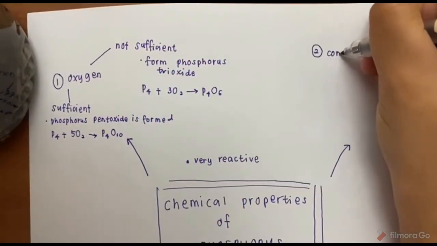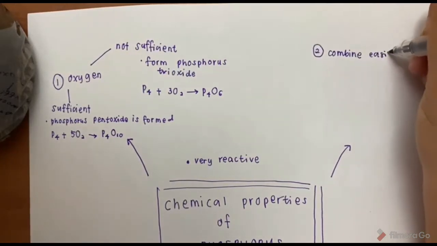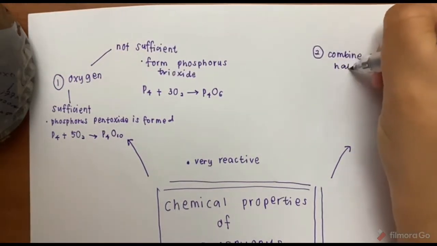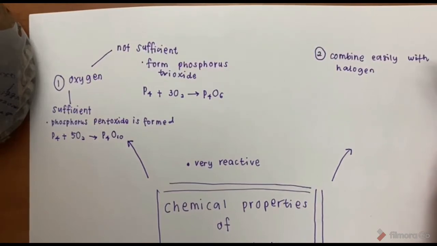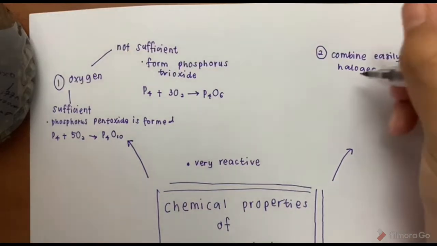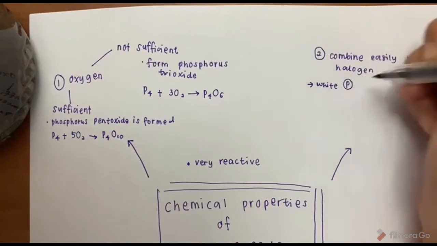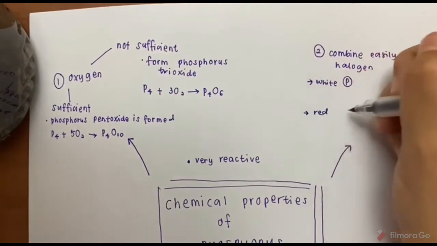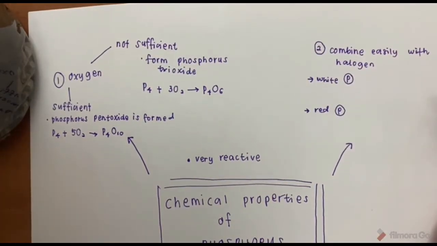For the second part, phosphorus will combine easily with halogens, which we know come from group 17, including fluorine, bromine, chlorine, and iodine, in diatomic molecules. For white phosphorus and red phosphorus, both of them will form phosphorus tribromide.